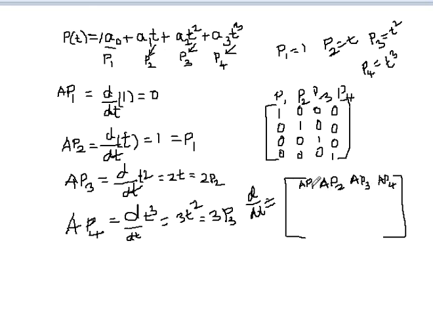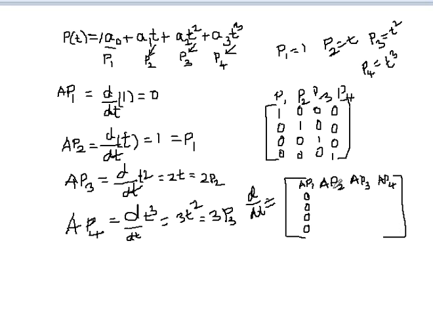AP1 is the derivative of P1, and P1 is this column. When P1 is differentiated we get 0, so it will be a column of zeros: 0 0 0 0.